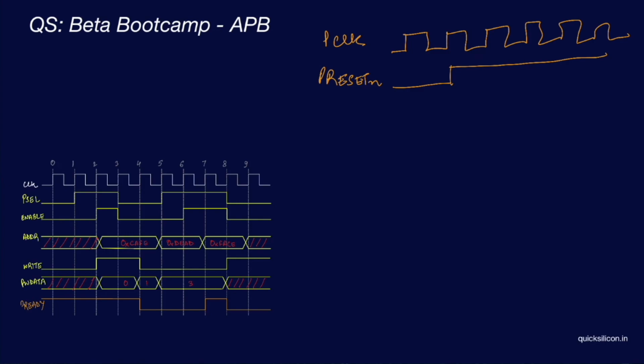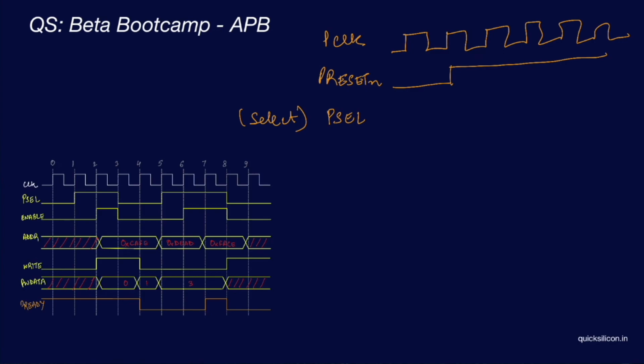Then you have certain APB related signals. The first signal I'll talk about is the PSEL signal. This is the select signal, and it selects which particular peripheral or slave this transaction is meant for.